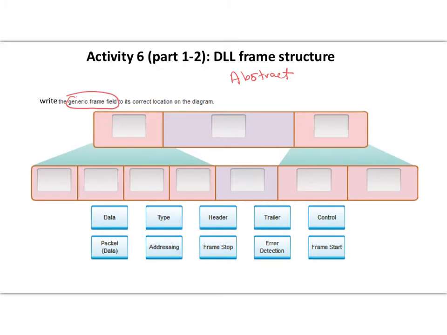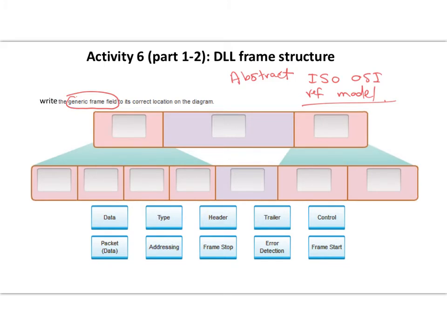So this is the protocol data unit in the data link layer, and it is abstract, which means that it's part of, remember we talked about the ISO OSI reference model, which defines an abstract specification for a specific layer without aligning it to a specific standard.